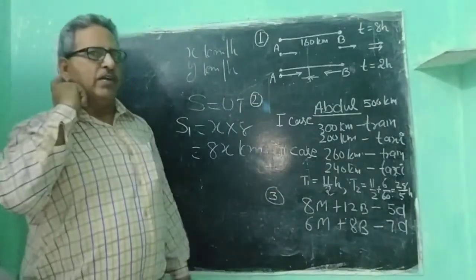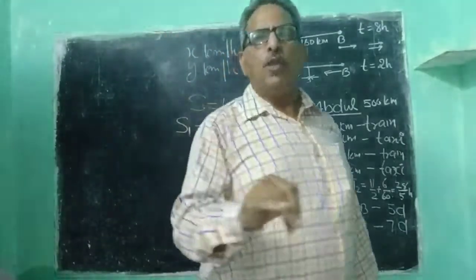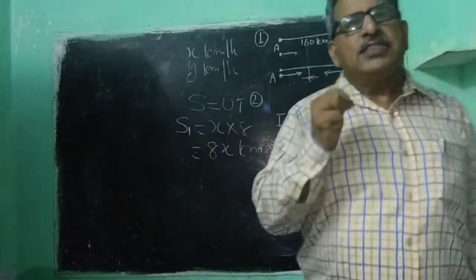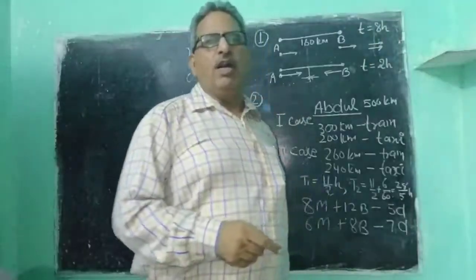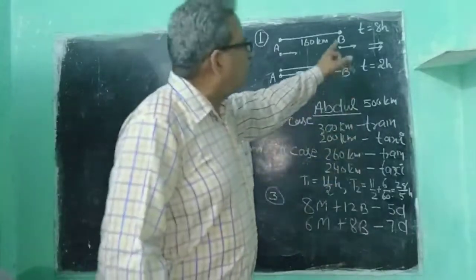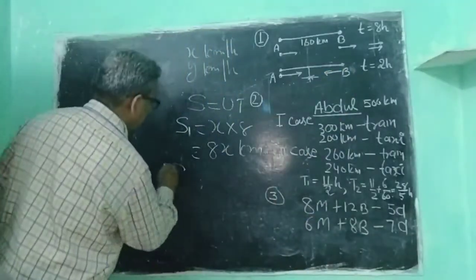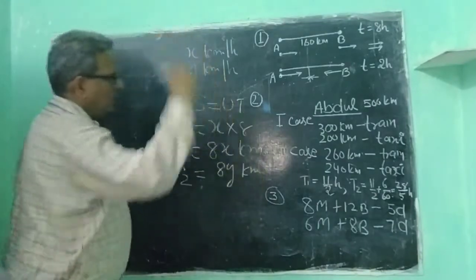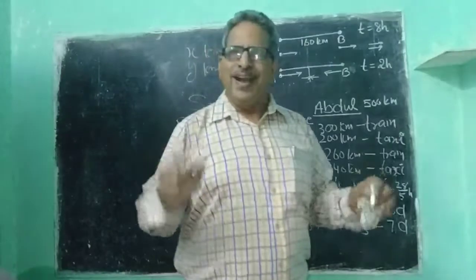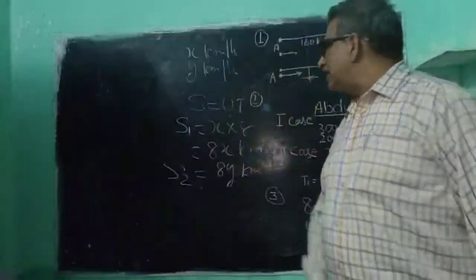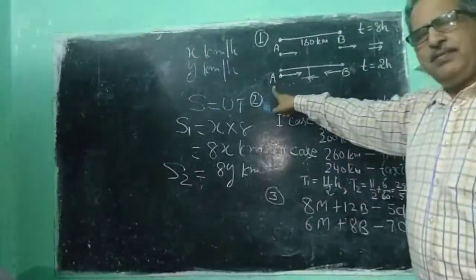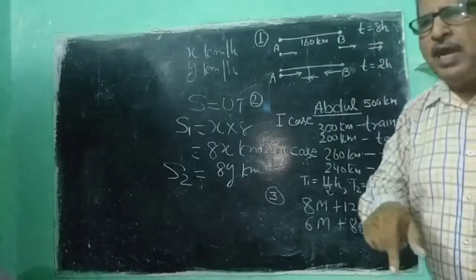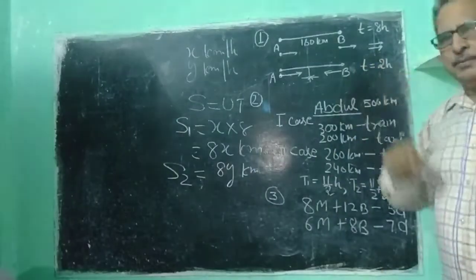Similarly the distance covered by the car which starts from B is S2, 8y kilometer. Clear? So 8x is the distance covered by the car from A, and 8y is the distance covered by the car which started from B.